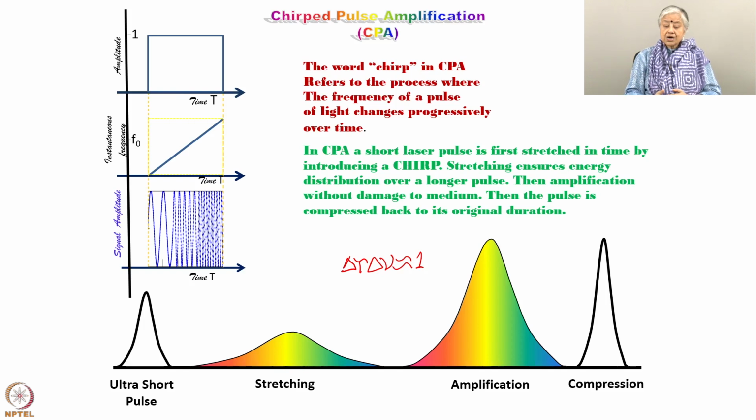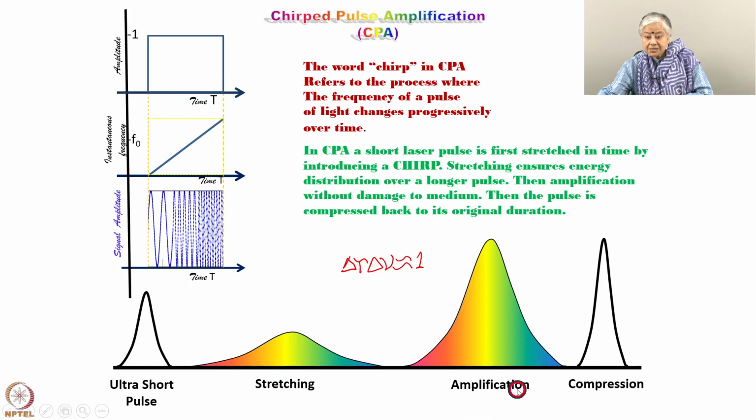Okay. So, I want a large energy output, I want a large peak power output, but at the same time I do not want to destroy the amplifiers. The destruction of the amplifiers was the bottleneck, and with this invention of chirped pulse amplification, that has gone.